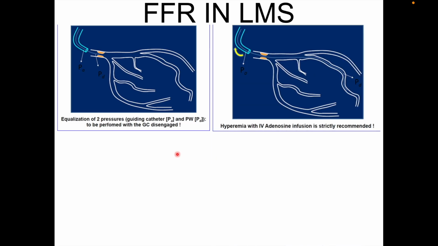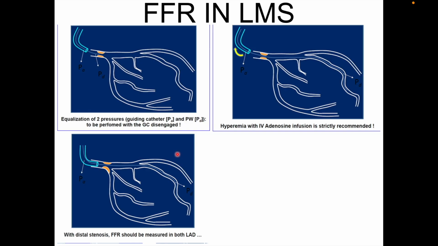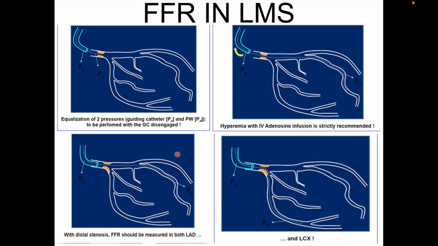Then what's important, that it should not be intracoronary adenosine, it has to be IV adenosine infusion when you are doing the left main stem assessment. And then if you have a distal left main stenosis, it's important that you check the FFR in both LAD and then the FFR in the circumflex to get a true representation of the left main stem disease.